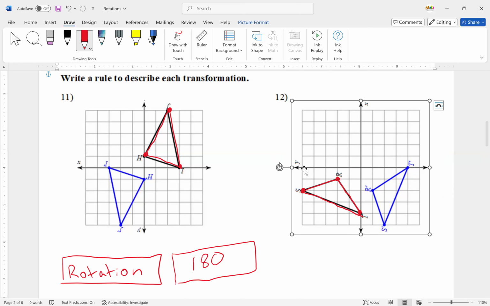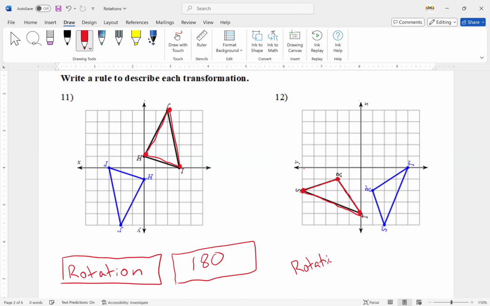So on my homework, the first thing I'm going to choose is rotation. When they're asking for the rule, I'm going to call this rotation. Remember, you're going to see four choices. We choose rotation. And then for the typing, you can pick either of the two: 270 clockwise or 90 counterclockwise, whichever one you want.